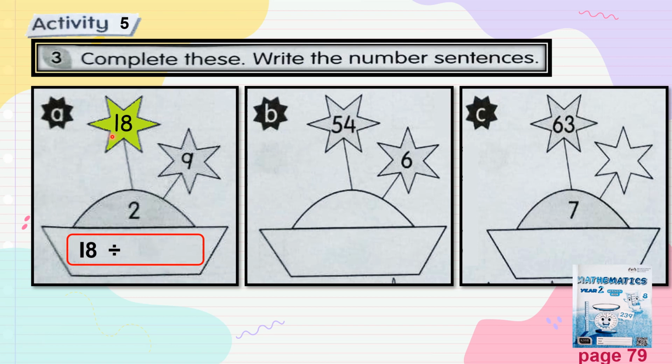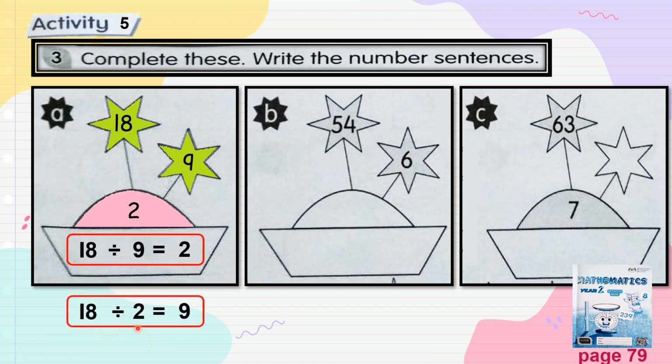So, 18 divided by 9 is equal to, the answer is 2. So, 18 divided by 9 is equal to 2. We also can write 18 divided by 2 is equal to 9. For B and C, try to do it yourself.